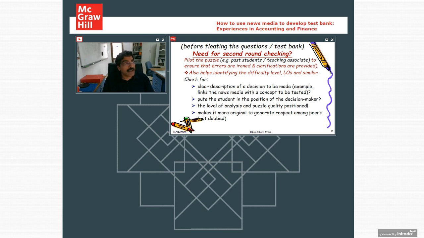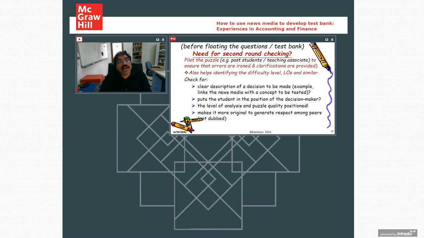First and foremost, my answer is woven into the fact that we are talking of accounting and finance, and you would agree that it is better to not have too much of their creative side when it comes to a test bank.